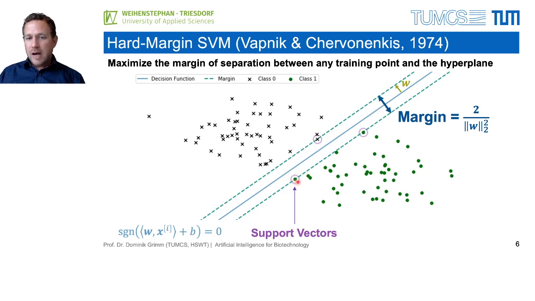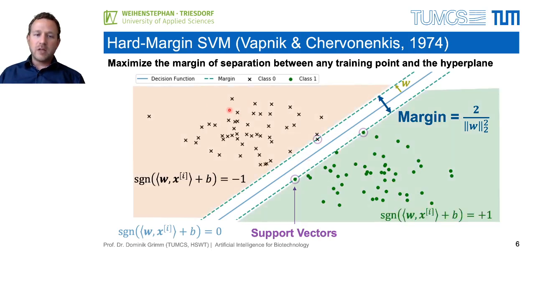Then we found these points that describe the margin more or less. So with these 3 data points, we can exactly describe the margin and the decision function, and then we can do predictions. Everything on the left half space is classified to belong to class -1. Everything else is classified to be in class +1.